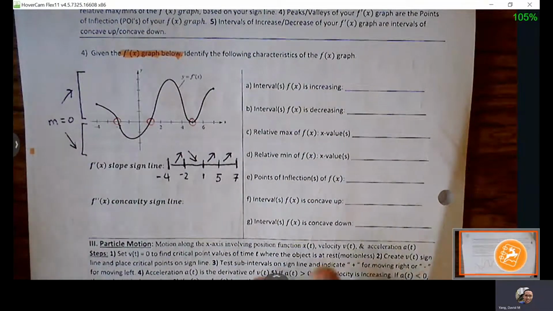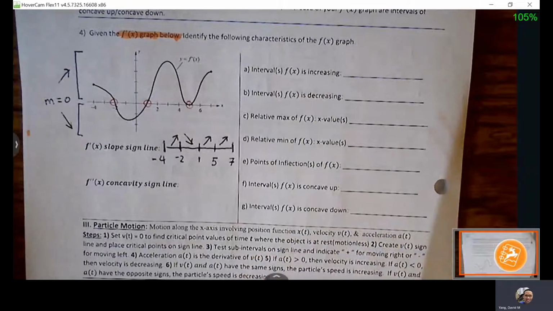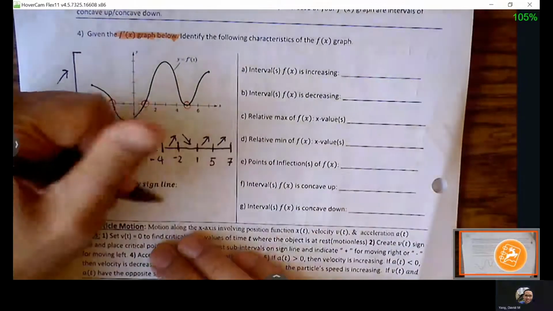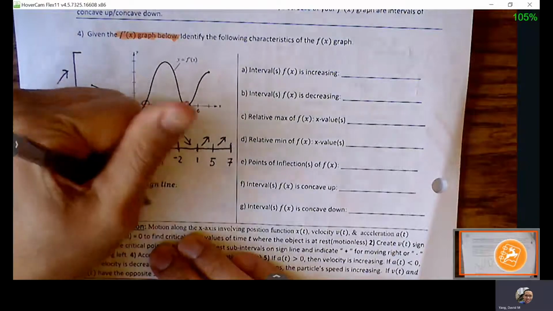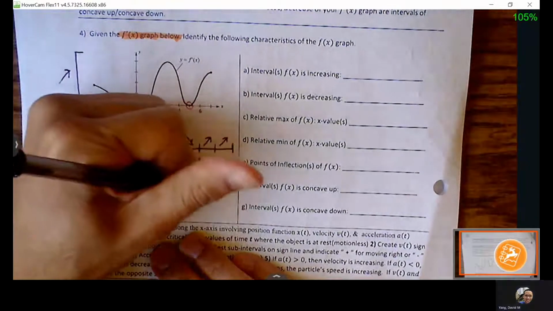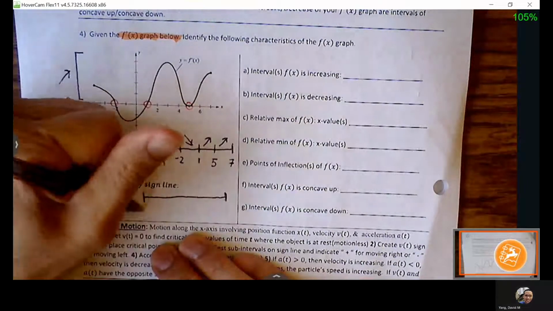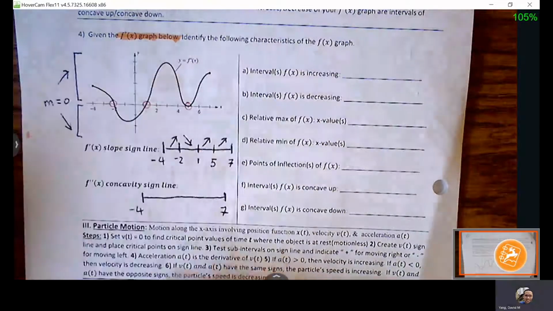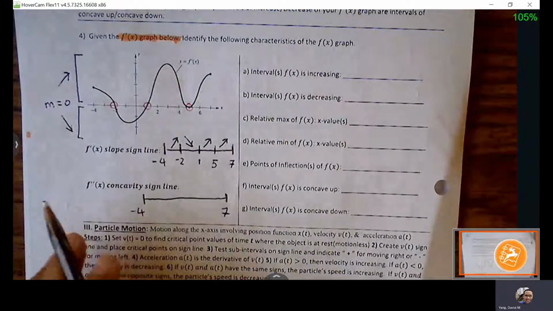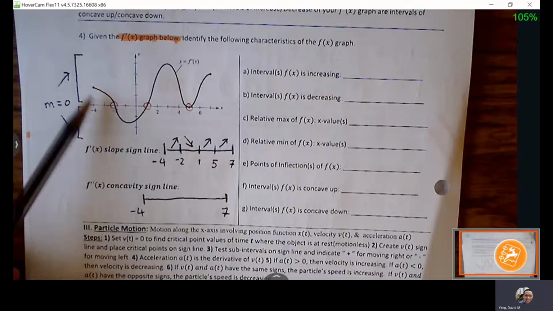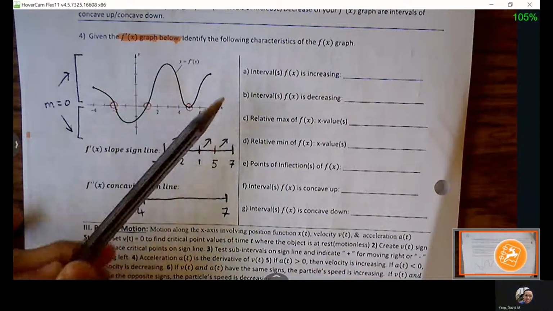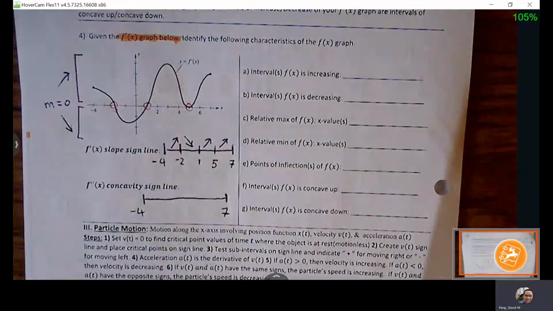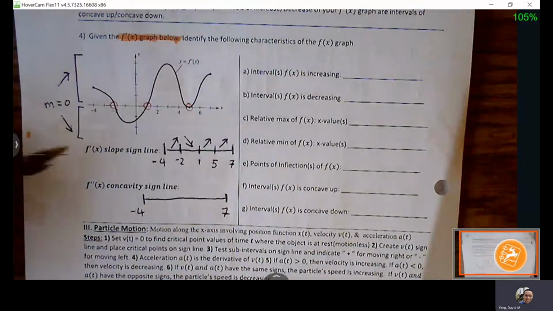Okay, let's also create the f double prime concavity sign line. Now we're looking for points of inflection of the original graph. So how do we find points of inflection looking at the f prime graph? Find the what?